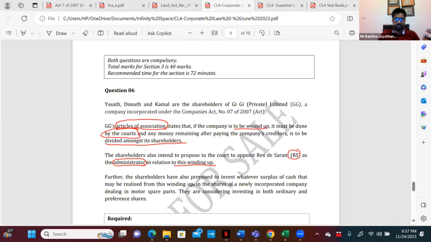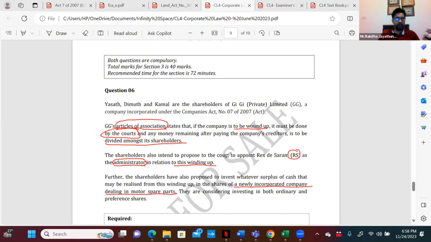Further, the shareholders have also proposed to invest whatever surplus of cash may be realized from this winding up. That's nothing to do with this actually. Once the winding up process is over, there will be some remaining funds. So these three shareholders have decided that once the company is wound up, whatever surplus cash they have, they are going to use to invest in the shares of a newly incorporated company dealing in motor spare parts.